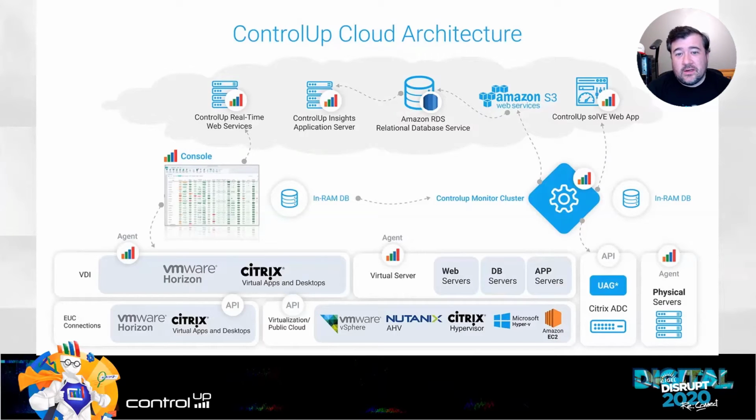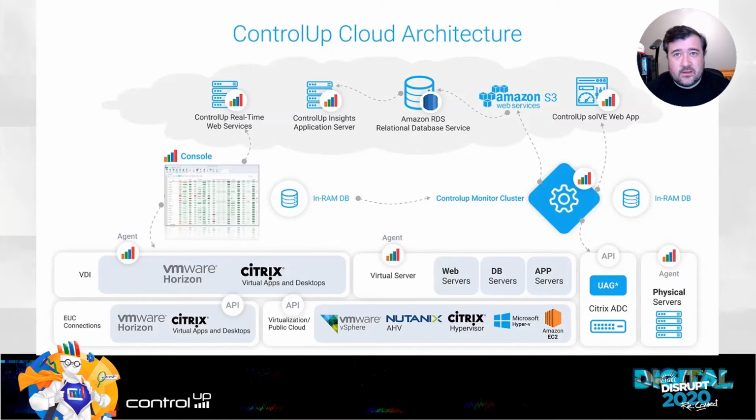You can see at the bottom all of the different resources we can monitor. For your VDI, we do Horizon, Citrix XenApp, and Citrix Virtual Apps and Desktops. For your virtual servers, we can do web servers, database servers, application servers, profile servers, storage servers, things like that. We connect into the Citrix ADC today, so we can monitor what was called the NetScalers and some of those performance metrics, and take management actions there as well.